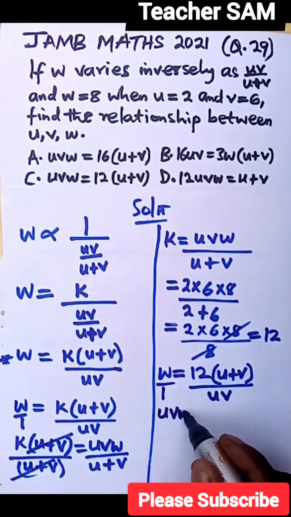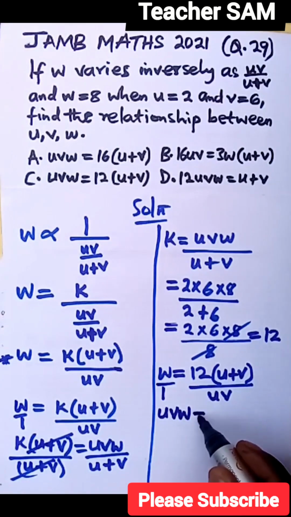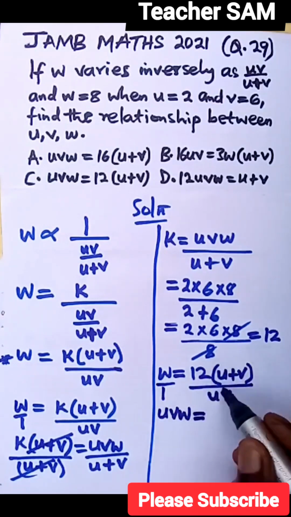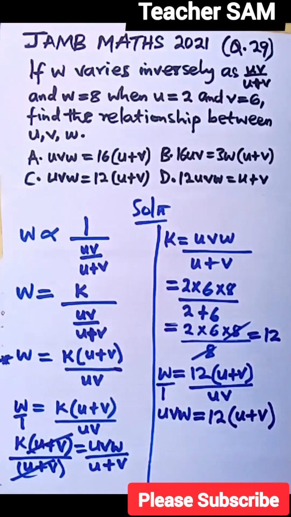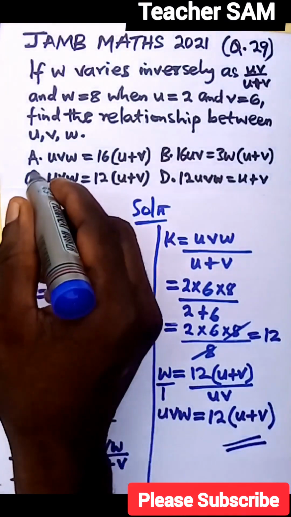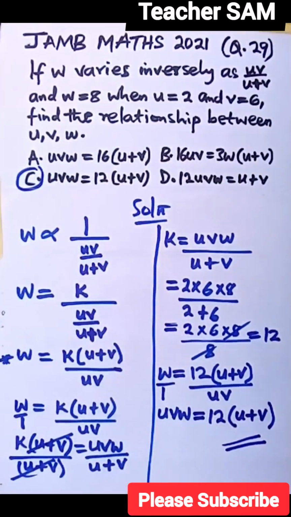Remember alphabetically, this will be equal to 1 times the whole of this, we have 12 into U plus V. So if we check through our options, we find out that the correct answer to this question as solved is option C. Option C is the correct answer to this question.